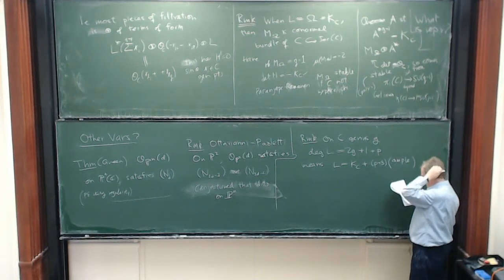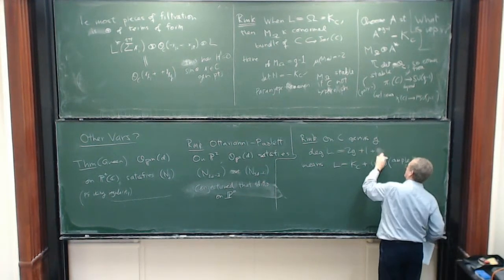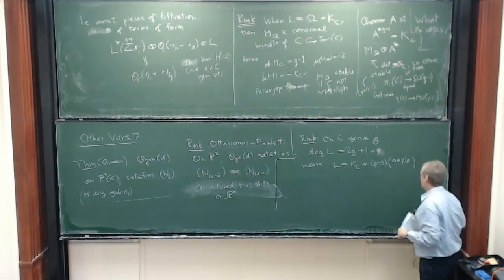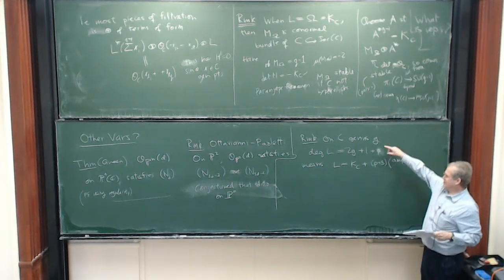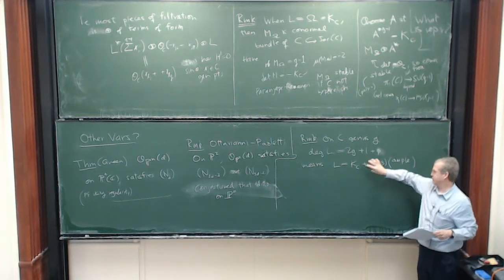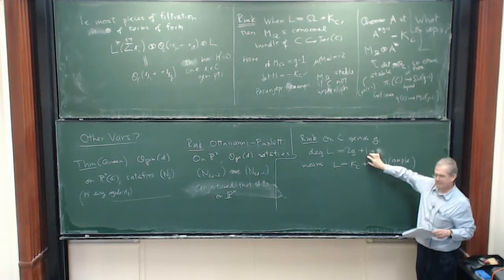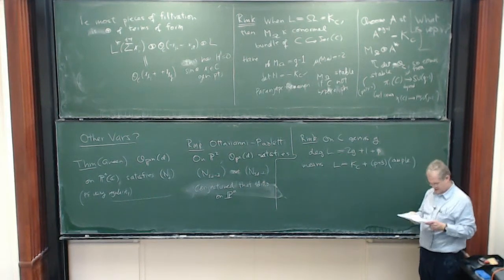Do I have my numbers right? Let me say 2g plus 1. Well, it doesn't really matter. The way to think about these large degree things is that they're canonical plus a fixed multiple of ample. So the fact that this number is getting bigger with the genus reflects the canonical bundle.